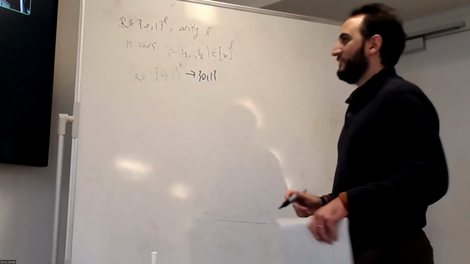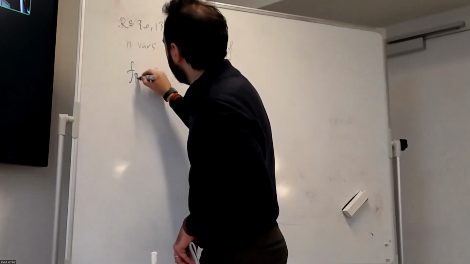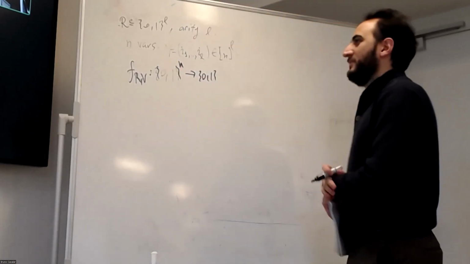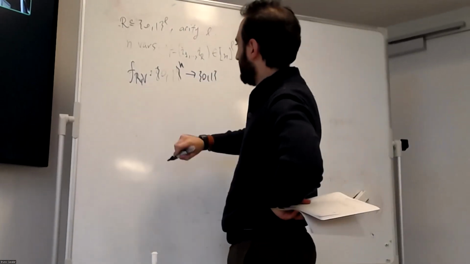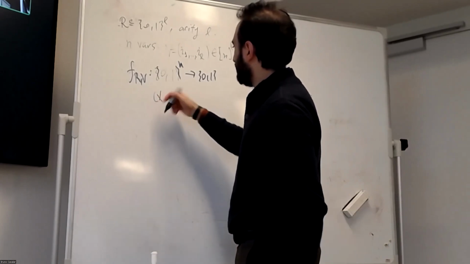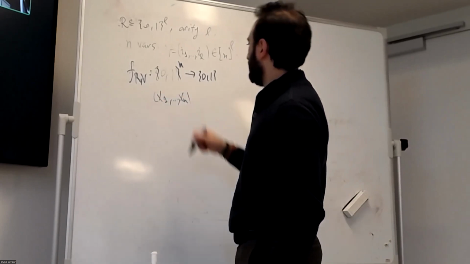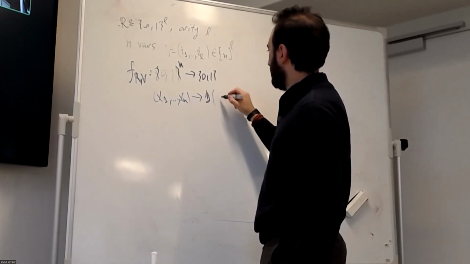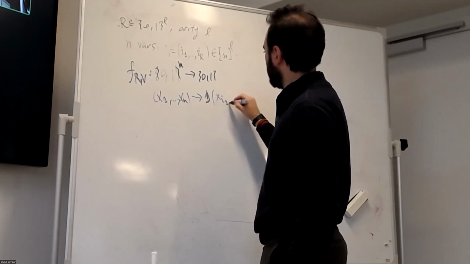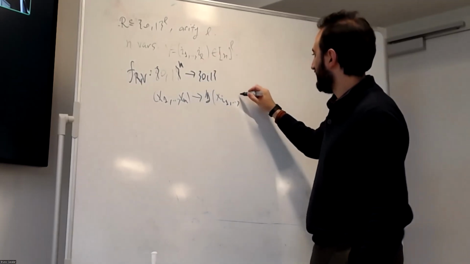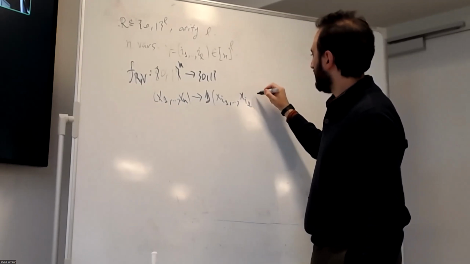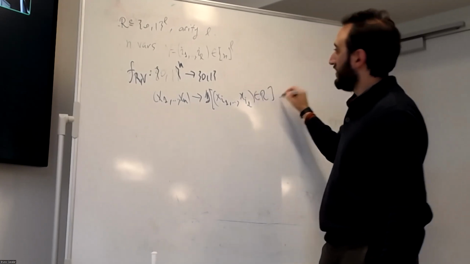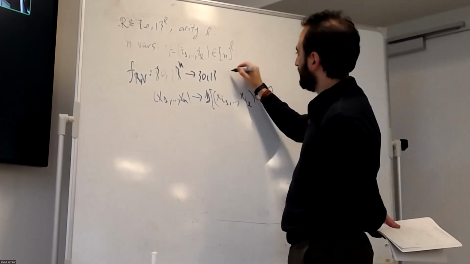Wonderful. So this is supposed to be f_{R,V}. This is a Boolean thing, and it's just going to take Boolean bits, and it's going to output whether, if you look at these particular variables there, they are in the relation R. So this is what we call a constraint application.